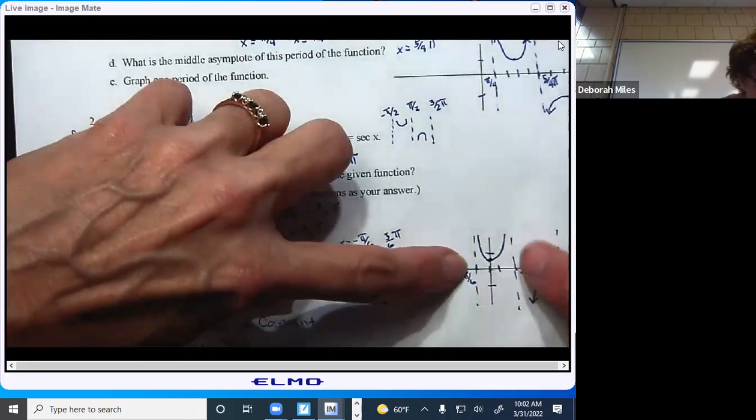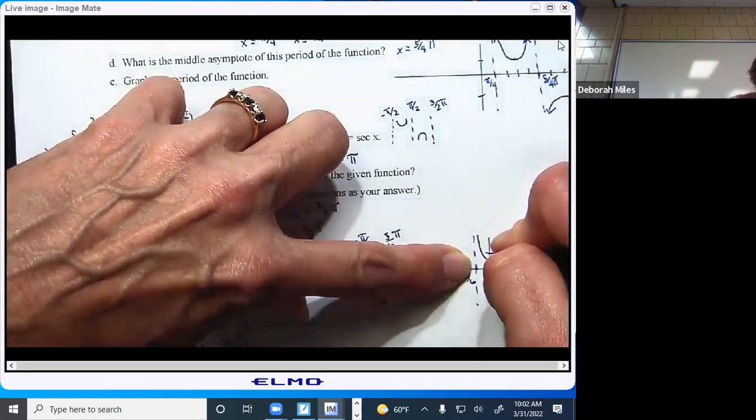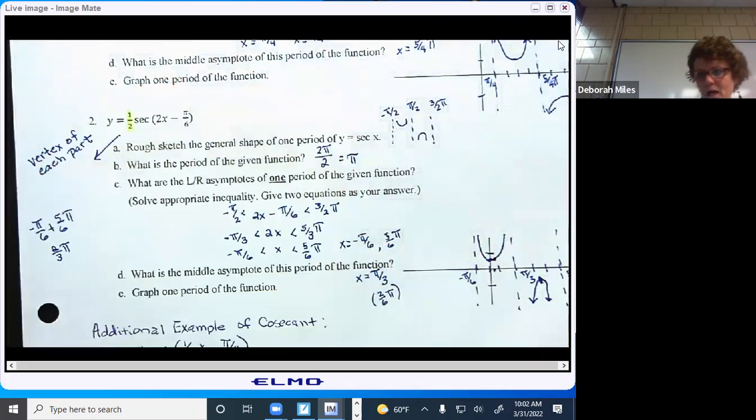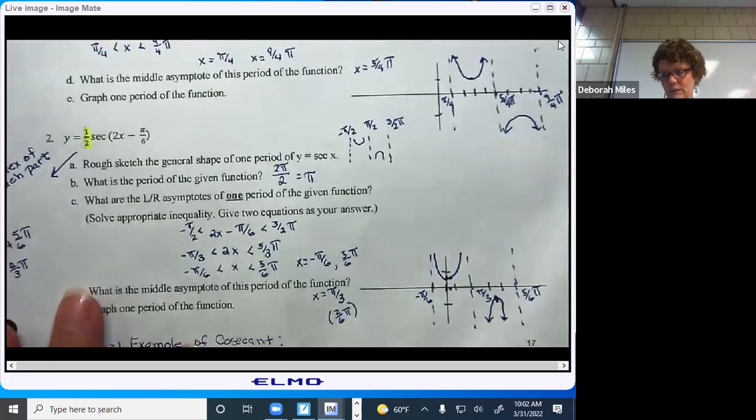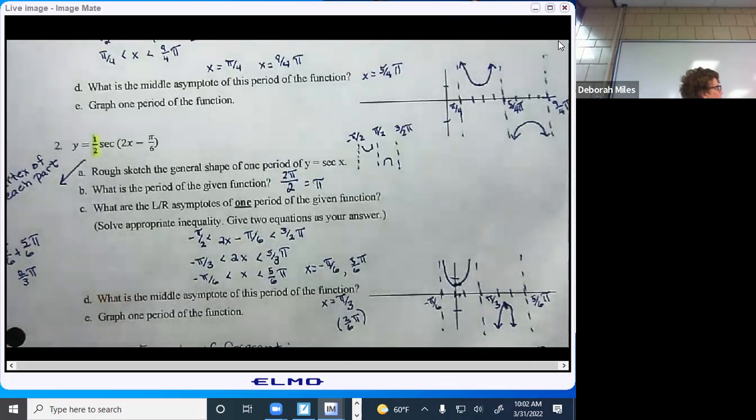Halfway between these two would actually be right here. But I'm not going to be that picky on the test. We're trying to get a mental image so that, thank the Lord, when I'm handed a graphing calculator, I know enough about the graph of secant to go, hey, that can't be a circle. Or that's not a star.